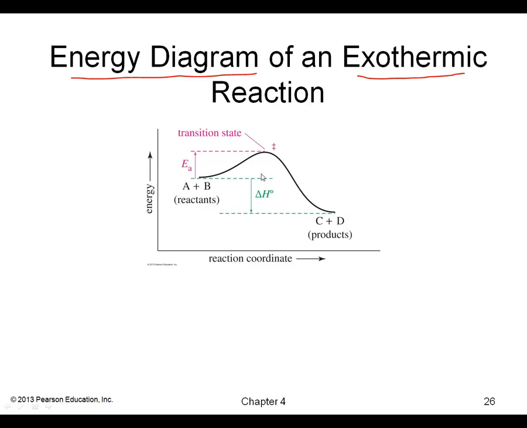The height of this hill is called the activation energy, Ea, and the distance between the reactant and the product is the delta H. Note that the delta H is decreasing, and as a result it is negative, and a negative delta H is always exothermic. So this is an exothermic reaction, or what we can also call a favorable reaction.